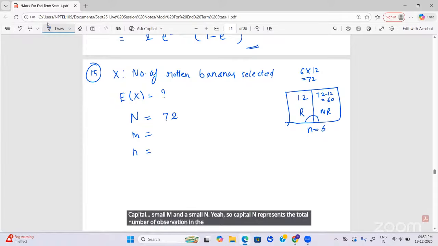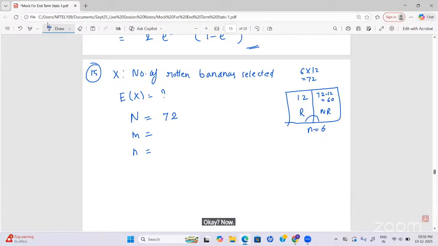Now what will be small m here? m will be 12, representing the total number of rotten bananas, which equals 12.